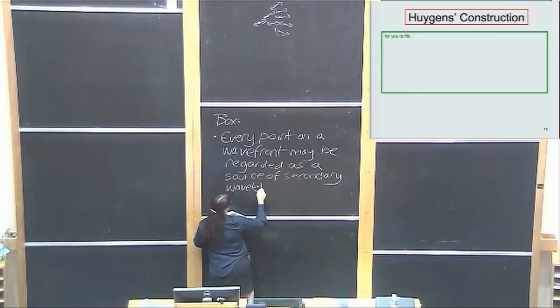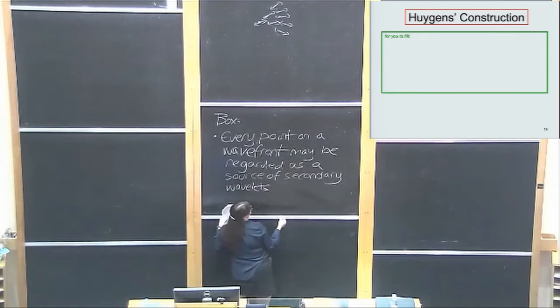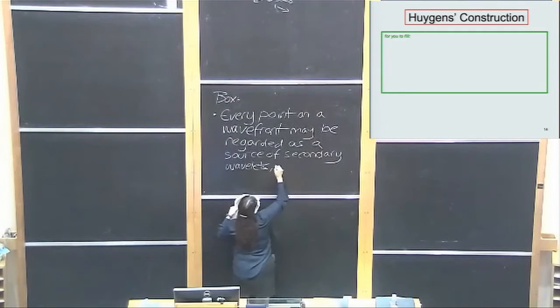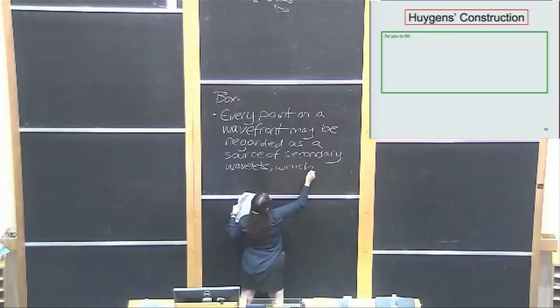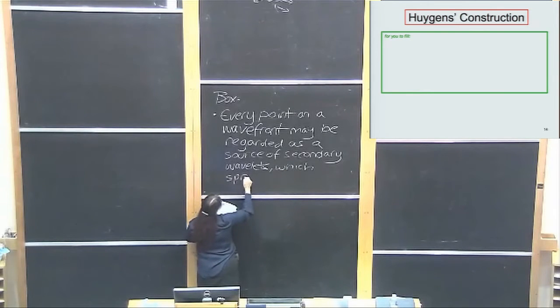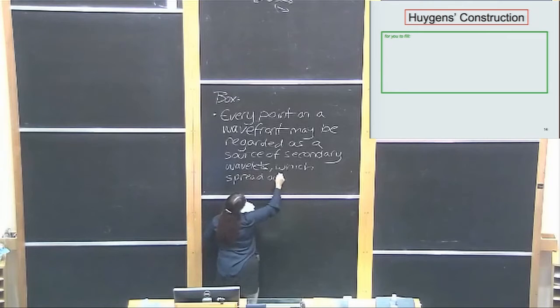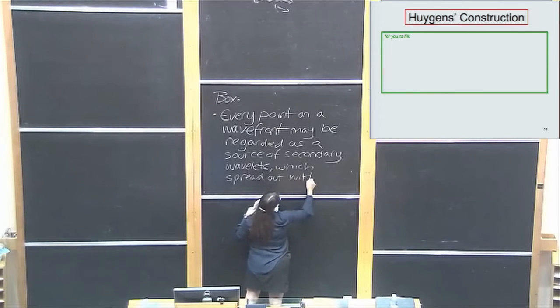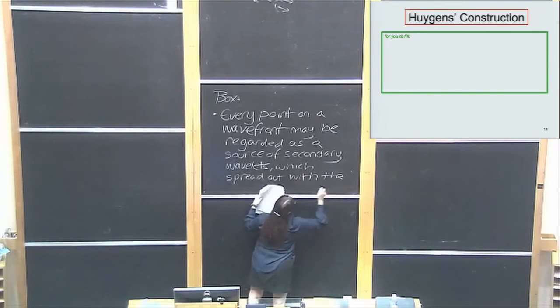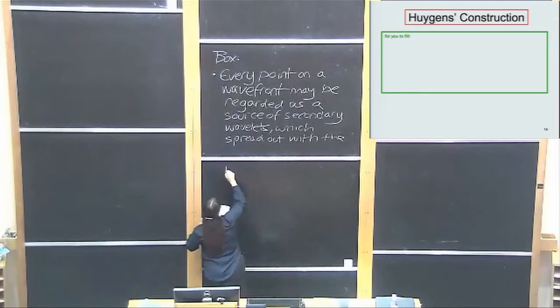What is a wavelet? Well, it's sort of like a little wave, but you can't see it, essentially, which spread out with the wave velocity.